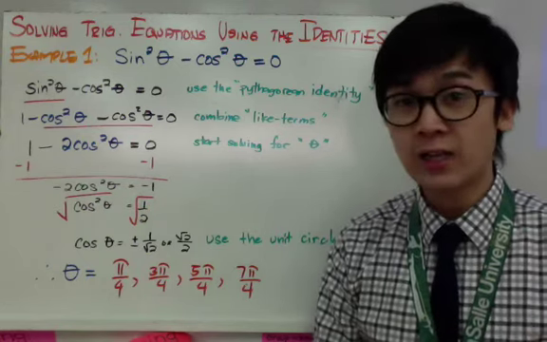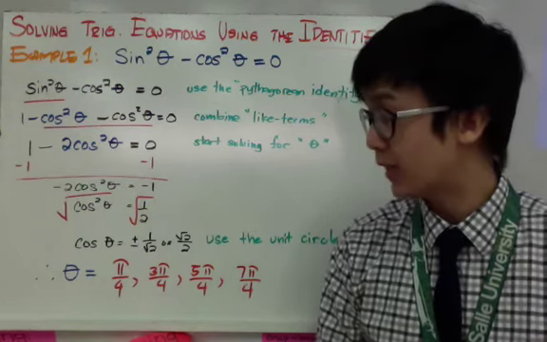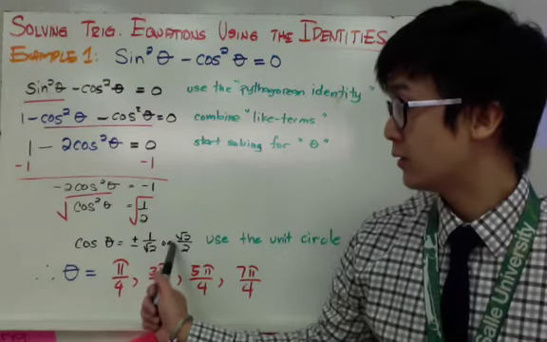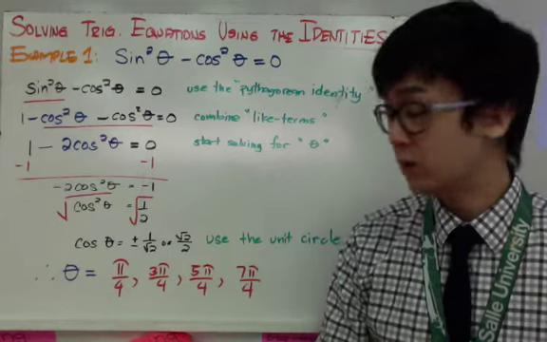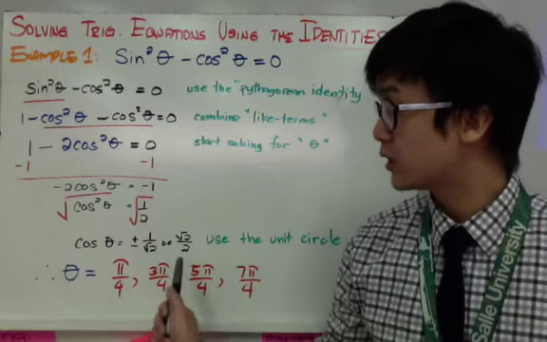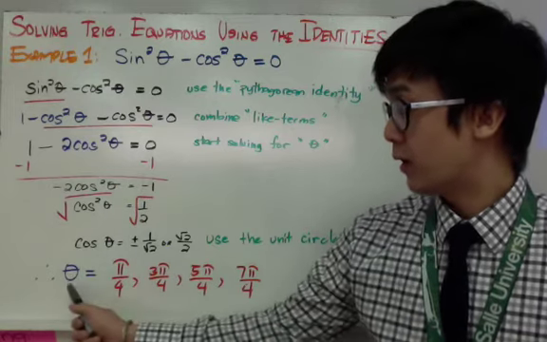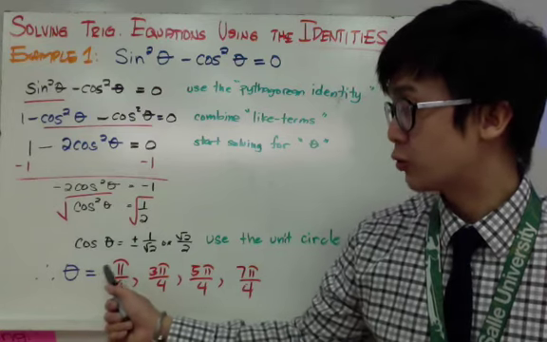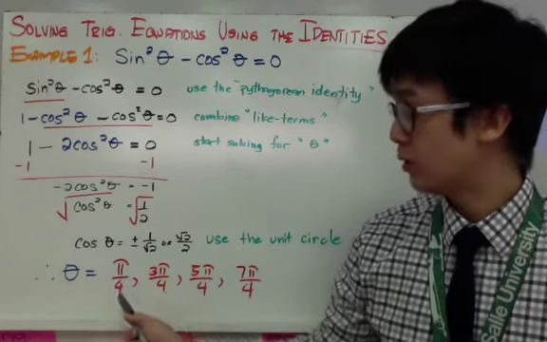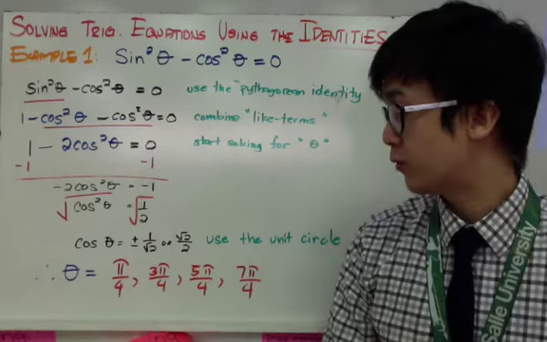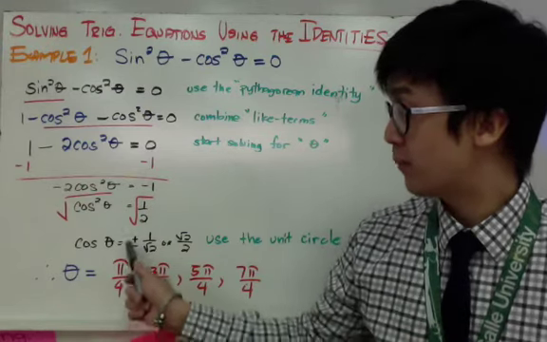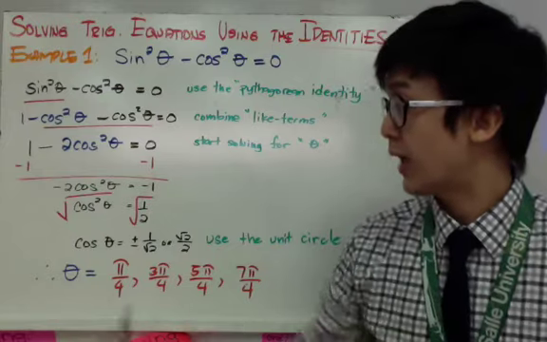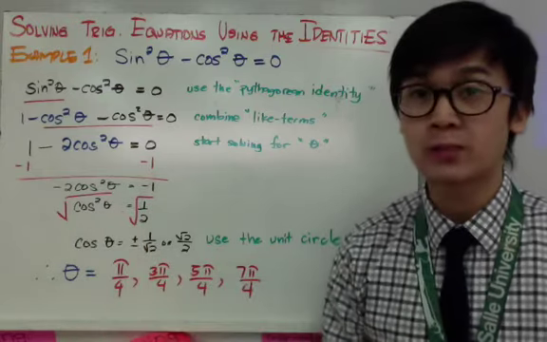So for cosine theta, we have the positive and negative values of square root of 2 all over 2, and we need the unit circle to solve for this function. And in the unit circle, theta is true for pi over 4, 3 pi over 4, 5 pi over 4, and 7 pi over 4. So we have 4 values of theta because of the plus or minus symbol that we used in getting rid of the exponent 2.